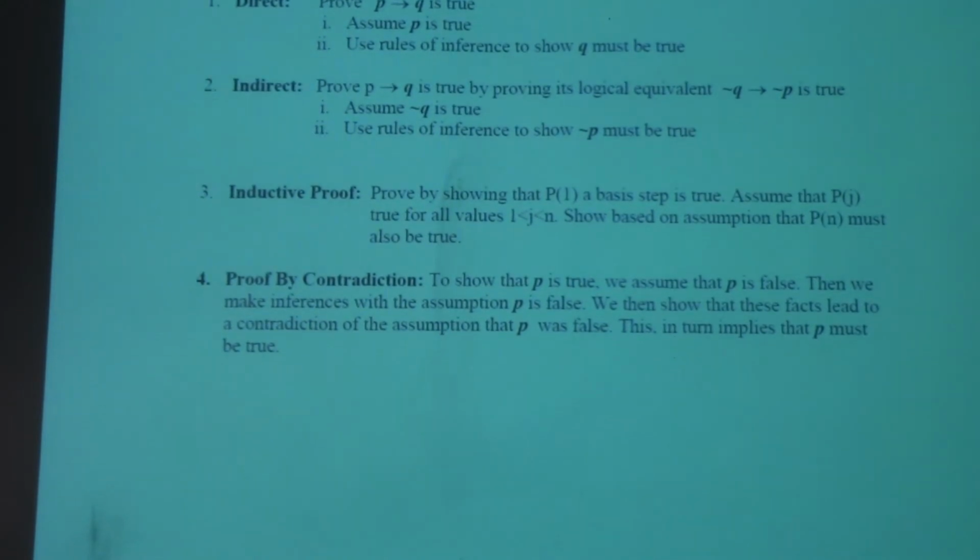And the last type of technique that we have is proof by contradiction, also a very powerful proving technique. What we're trying to show in a proof by contradiction is that some statement P is true. So in order to show that P is true, we will assume, in fact, that P is false. If P is false, that means certain things are going to happen, right?